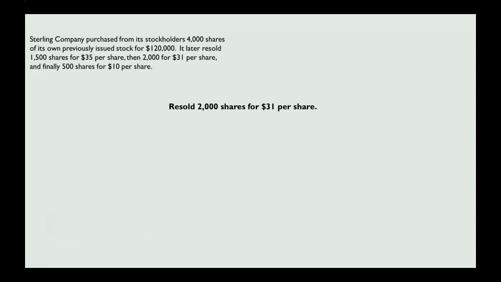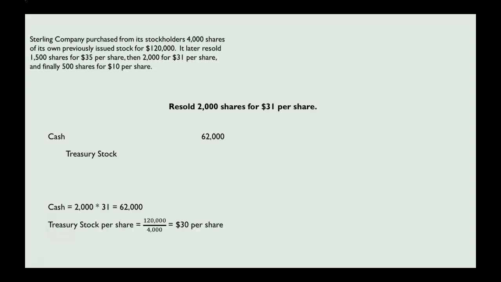Now we are selling 2,000 shares for $31 per share. We are still getting cash, so we still want to debit our cash, and we're still selling treasury stock, so we will credit our treasury stock. We figure out our cash amount by taking our number of shares times the price per share that we're selling these. So 2,000 times 31 gives us that 62,000.